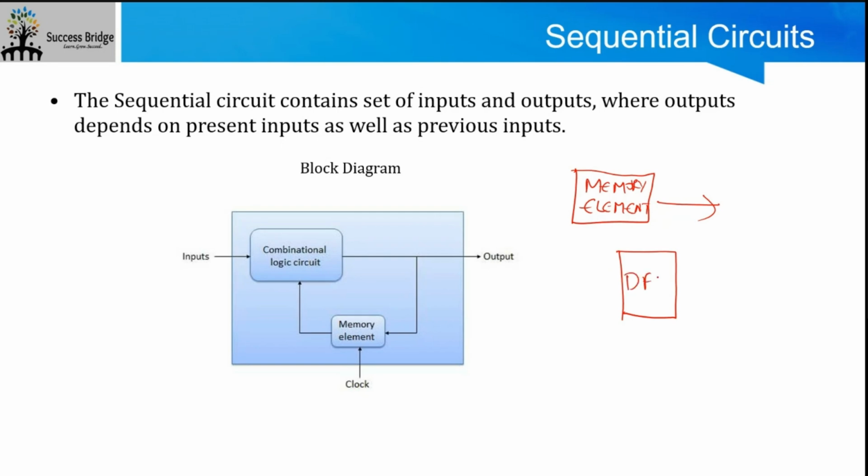D flip-flop. Sorry, I mean, we're taking a D type. So it's a flip-flop and a latch. We have only two types of memory elements. Okay. So generally, can anyone explain the behavior of this D flip-flop and a latch?